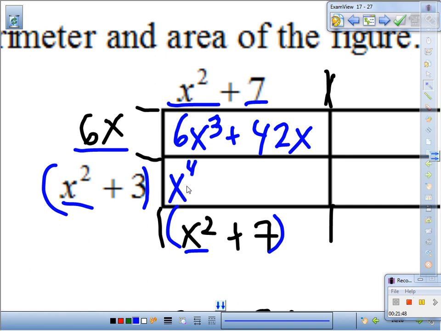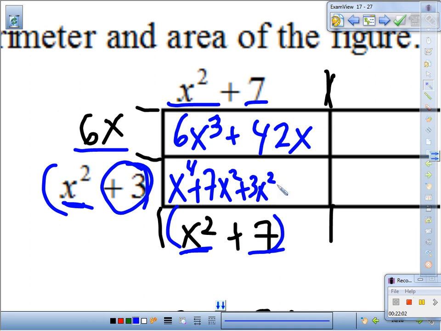X to the 4th. What is x squared times 7? 7x squared. Okay. Next. What is 3 times x squared? Plus 3x squared. Plus, what is 3 times 7? 21. Yes. And we can combine this in a little bit, right, when we find the sum of the whole thing.